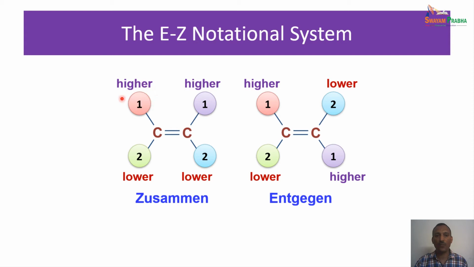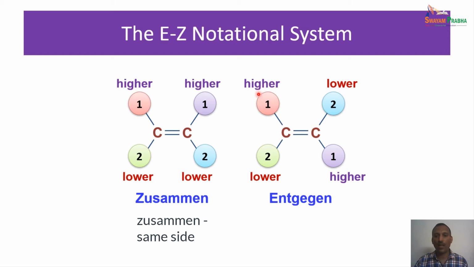According to this, for each carbon we have to assign the highest and the lowest priority groups. When there are two groups, we say this is the higher priority group and the other is the lower priority group. On each sp2 hybridized carbon, we assign the priority. If the higher priority groups lie on the same side, then we say that is the Zusammen or the same side isomer, the Z isomer.